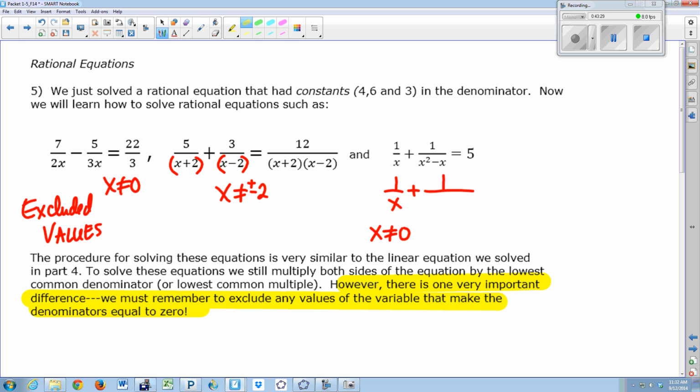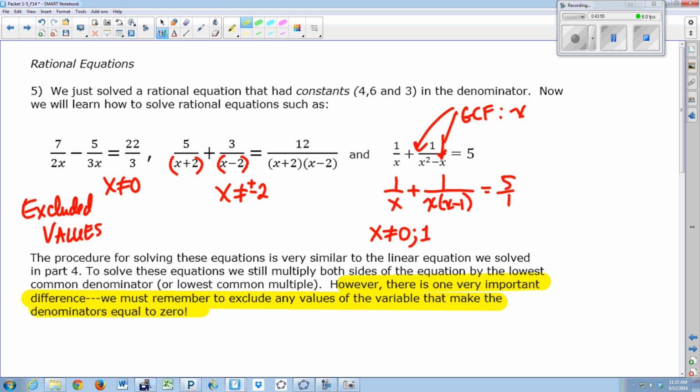The greatest common factor, what's common to both of them? x. When you pull that out, you have x minus 1 left. 5 is sitting over 1, so we don't have to worry about that. We already have this factor as x equals 0. So what's going to make this factor equal to 0? Plus 1. So x cannot equal 0, and it can't equal 1.